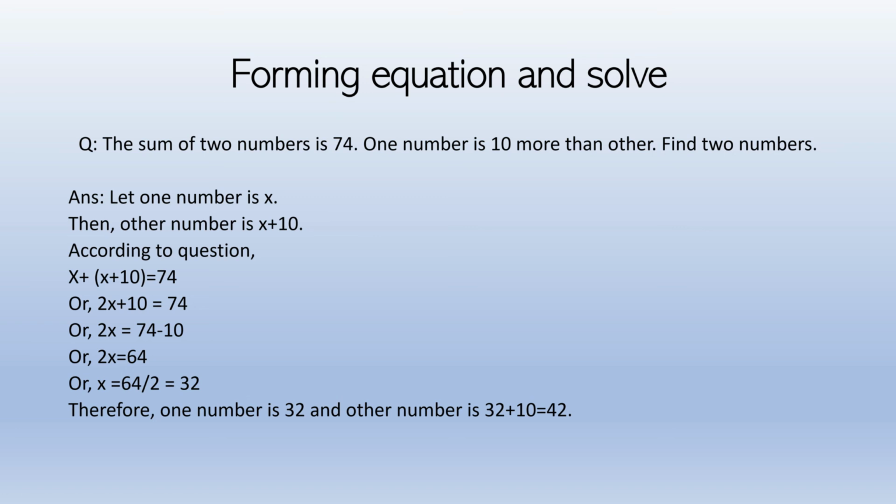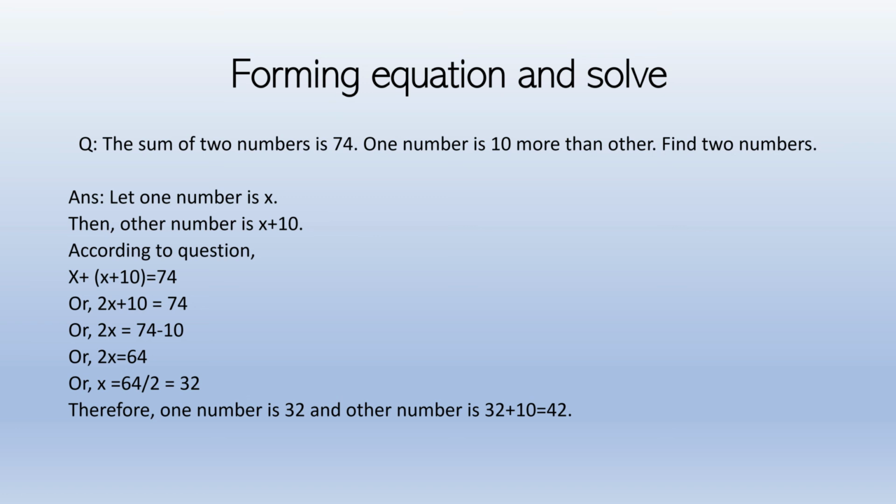We change the side of 10 from left to right with a negative sign. It gives us 2x equal to 64. Next, x equal to 64 divided by 2, so x equal to 32. Therefore, one number is 32, and the other number is 32 plus 10, that means 42.